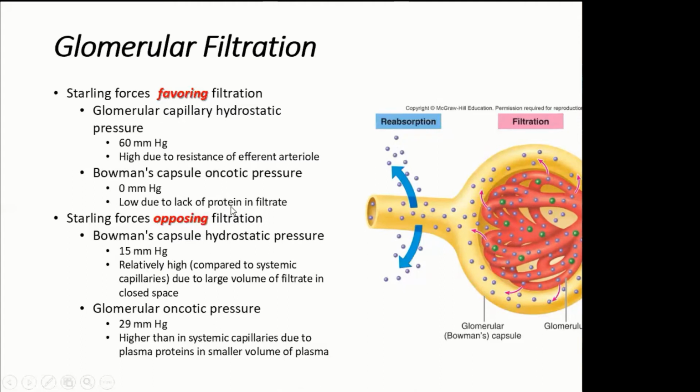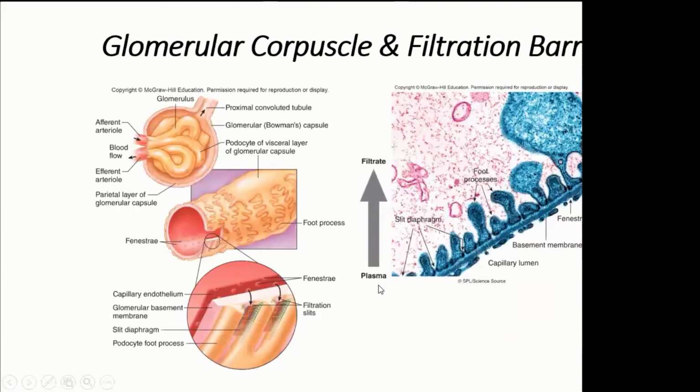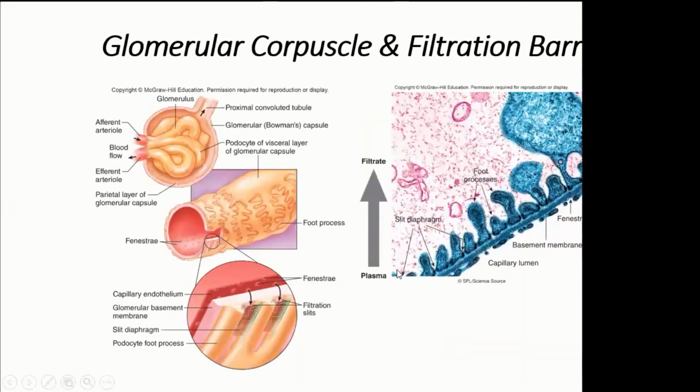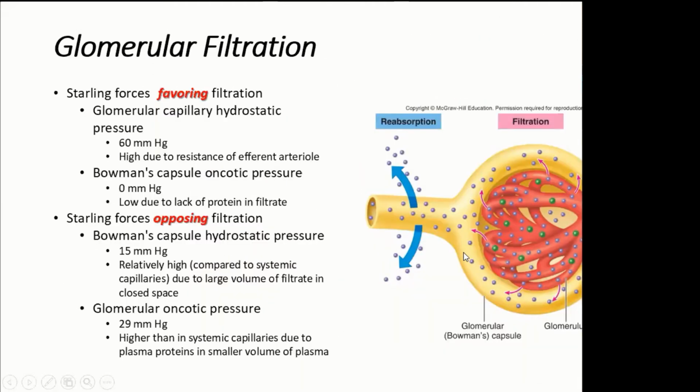And this is because of that efferent arteriole, remember I said it's narrower than the afferent arteriole. Because it's narrower, it has higher resistance, which is basically acting as a blockage. So this is going to be a higher pressure than the pressure in your normal systemic capillaries.